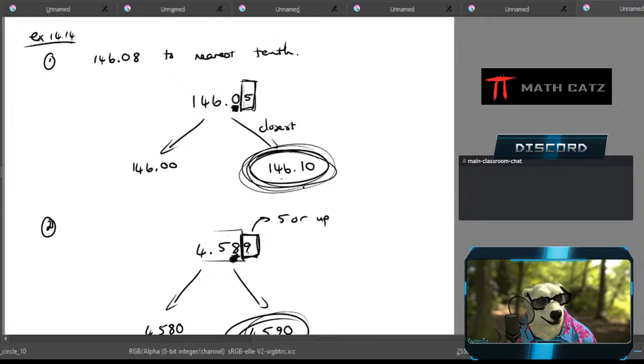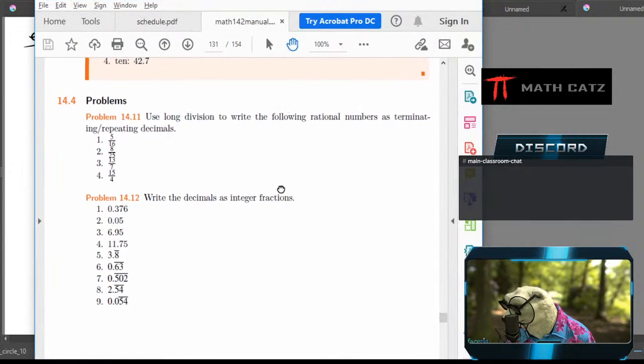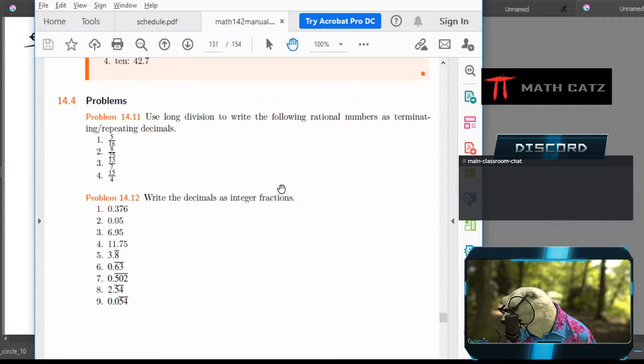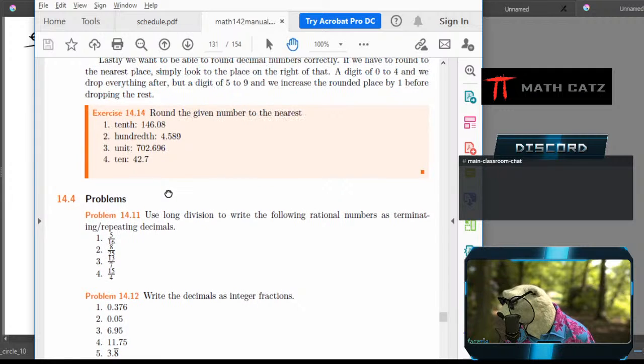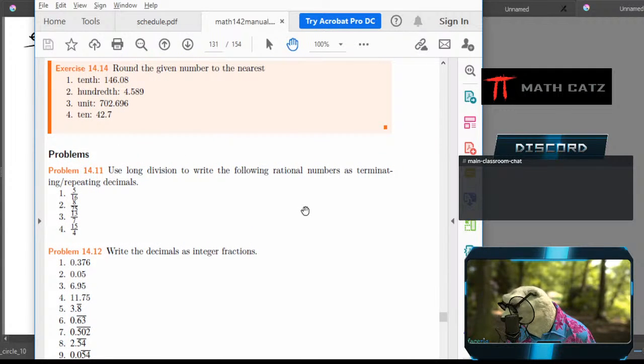All right, I believe that wraps up our chapter. It's very exciting. We're almost at the end. Well, sort of chapter. The chapter on fractions and decimals, sort of. Tomorrow, we'll see what I want to do. There's some little things that might be interesting. I'll see what I want to do tomorrow.